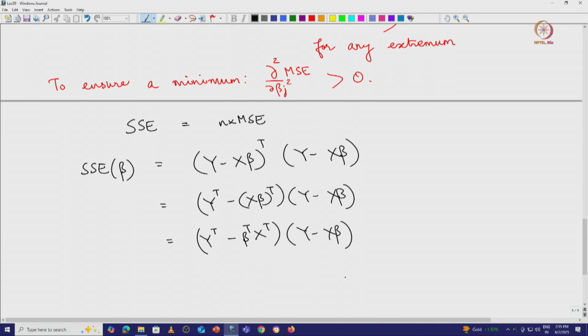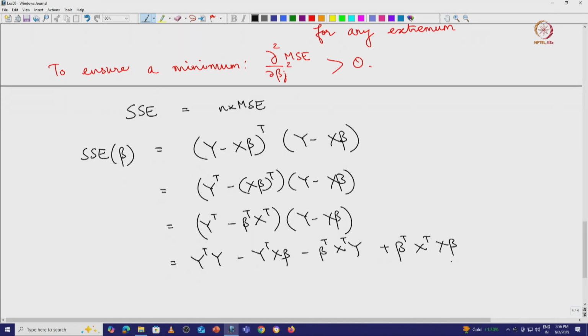So if you keep going, this becomes y transpose y minus y transpose x beta minus beta transpose x transpose y plus beta transpose x transpose x beta.